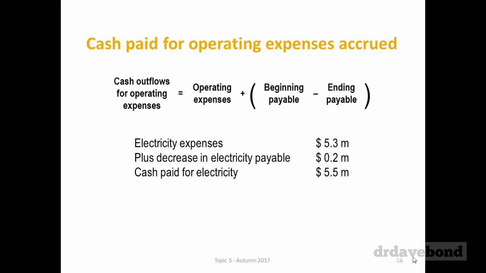So that's gone from, I don't know, 1.0 to 0.8, start to end, and we've been told that our electricity expense in the profit and loss statement is 5.3.